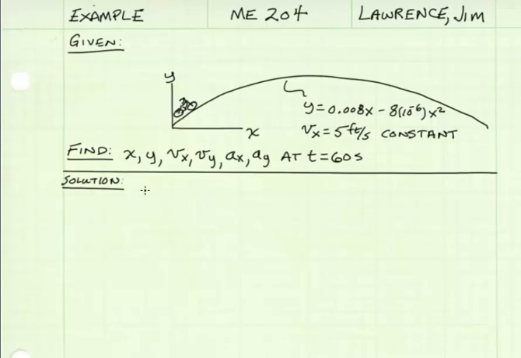First of all, we know that the velocity in the x direction is equal to 5 feet per second. That was given. And we know that it's constant.